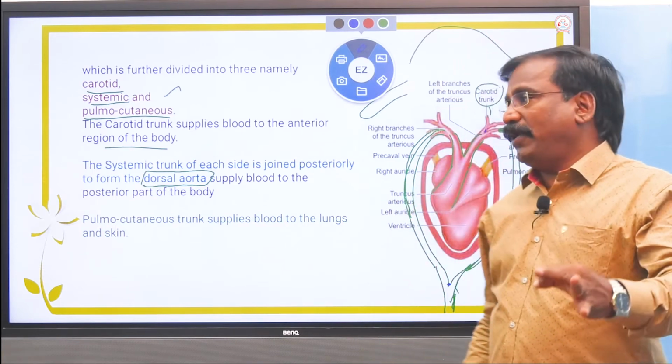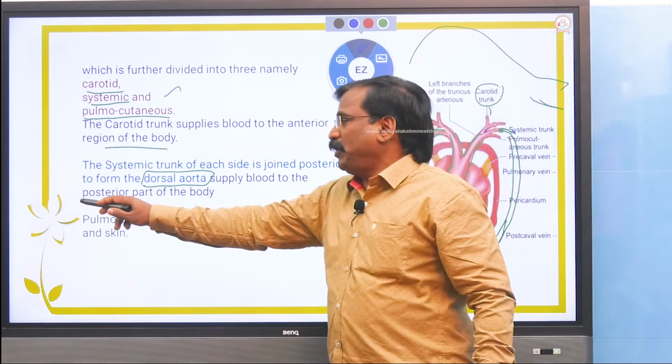That supplies blood to the posterior part of the body.